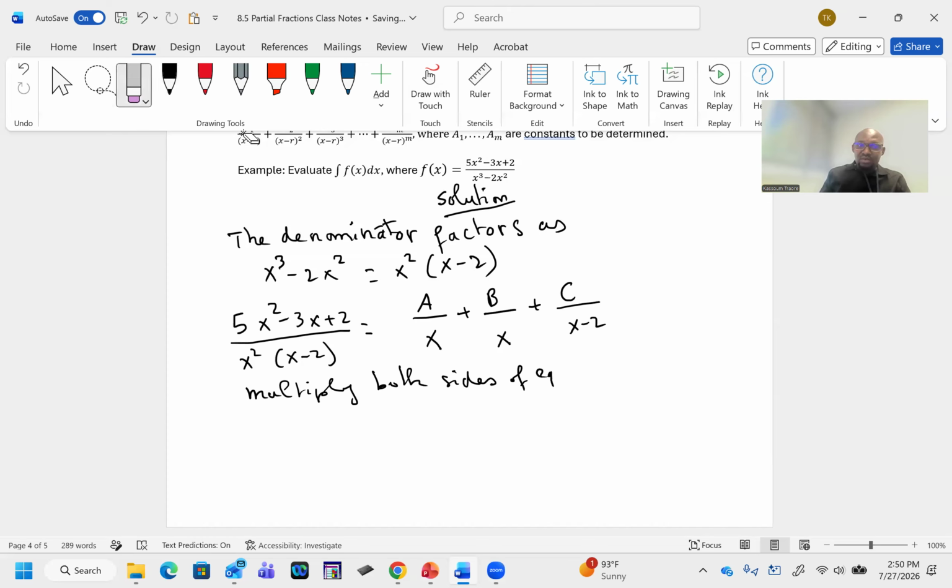Multiply both sides of the equation by x squared times x minus 2. So if I do that, I will get what? I will be left with 5x squared minus 3x plus 2 should be equal to what?